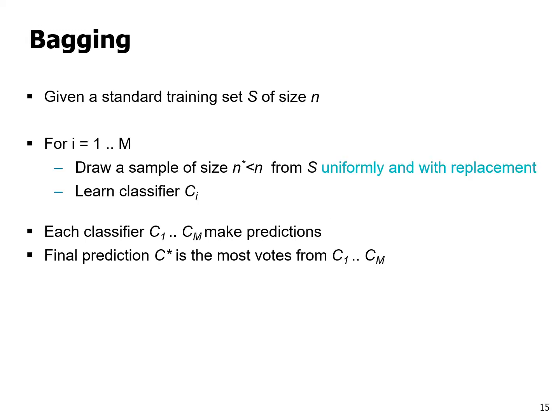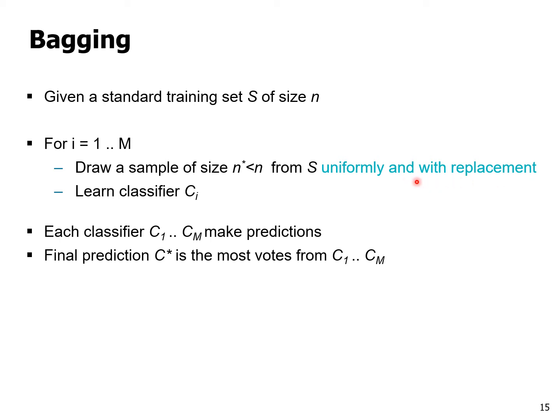This shows the pseudocode of the bagging method. Suppose you have training data S of size n, and then for i equals 1 to m, that means you generate m different training data sets. You draw a sample of size n star, which is less than n, from the original data. Make sure you sample uniformly and with replacement.